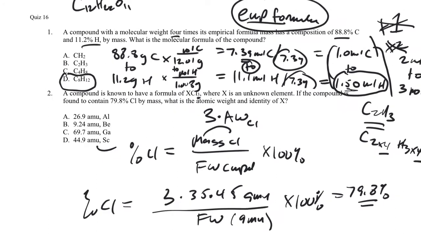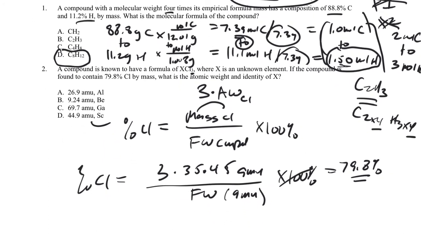And so if we do that thing we did earlier, which is get rid of the 100% just to clarify the math a little bit, let's turn this into 0.798, just to get rid of the times 100%. So I have 0.798 is equal to 3 times 35.45 divided by the formula weight.